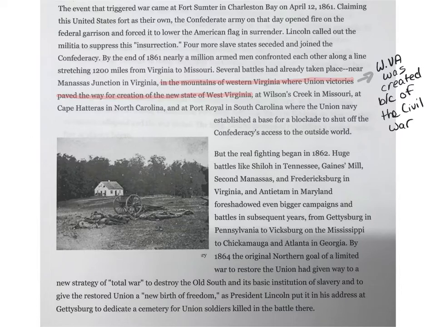So West Virginia only separated from Virginia because they wanted that area to be slave-free. So it wasn't a state on its own. This was the time that it was created.